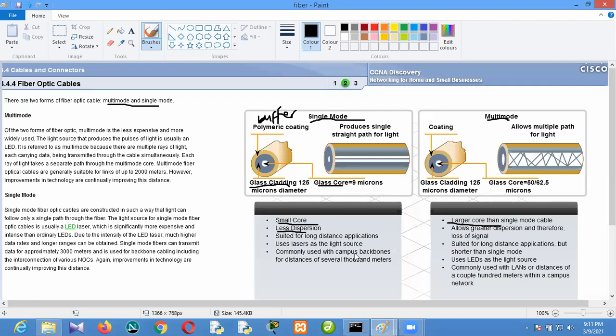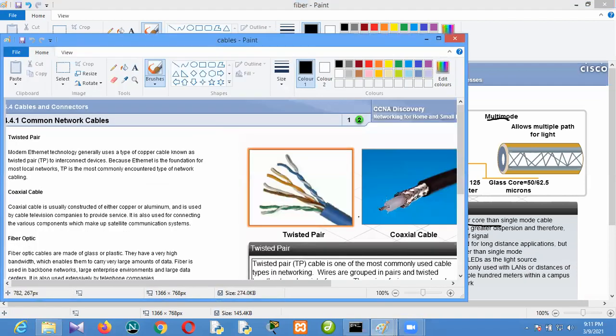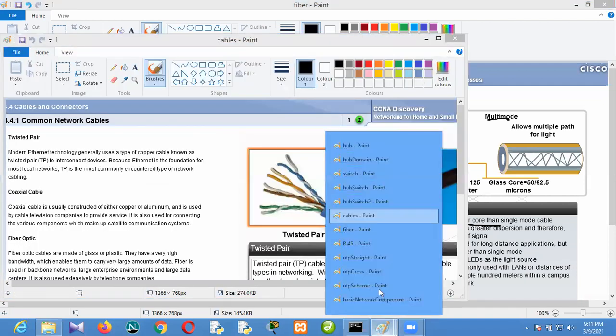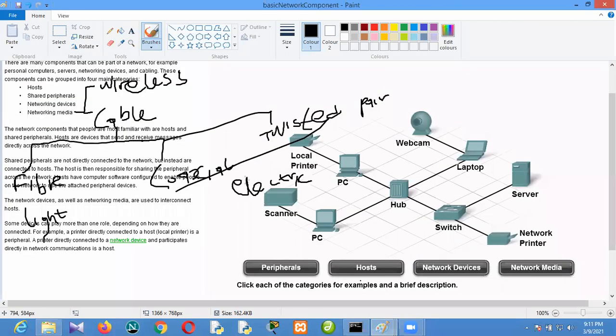In twisted pair, the limit of attenuation is 100 meters.